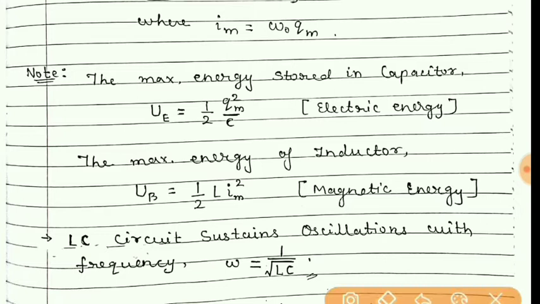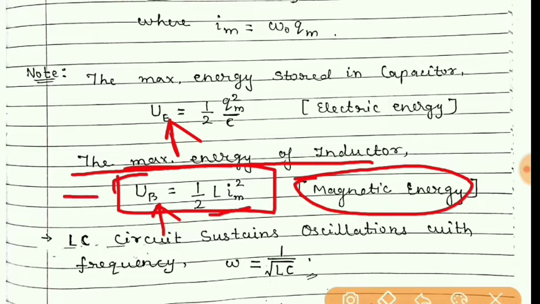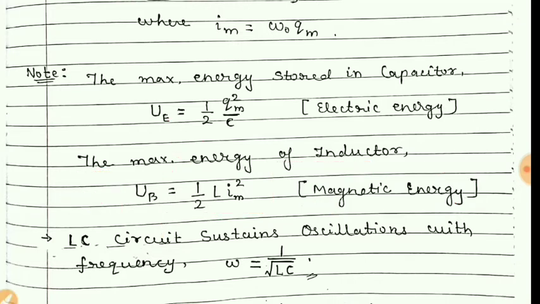Also, the maximum energy of an inductor, which is in the form of magnetic energy, is given by ub. This b is for magnetic field, as E is for electric field. So ub is equal to half of L im square. This we have studied in chapter number 6. So these are not new equations for you.